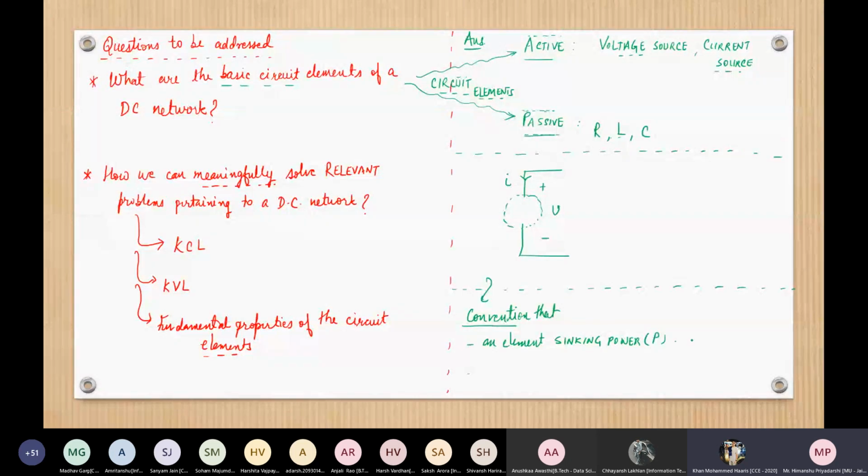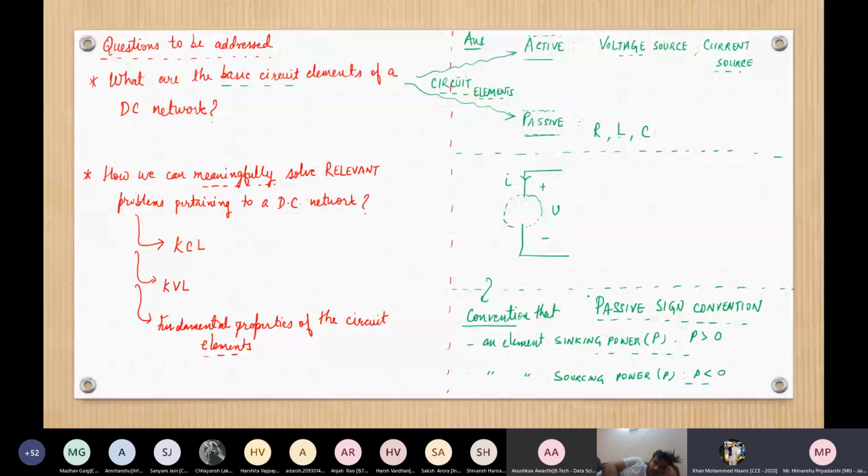is considered to be positive, P is considered to be positive, an element sourcing, that will be considered negative. This convention is known as passive sign convention. This is very important. Generally, we follow the passive sign convention.